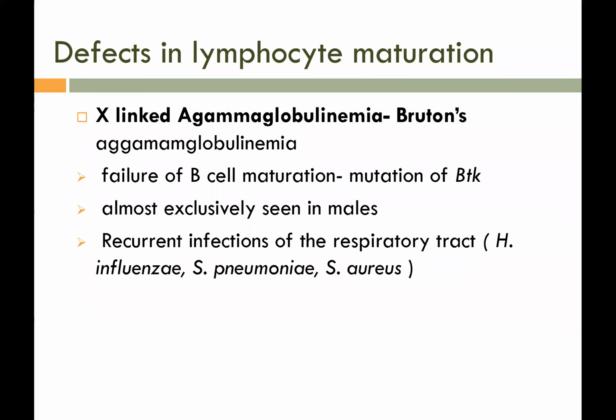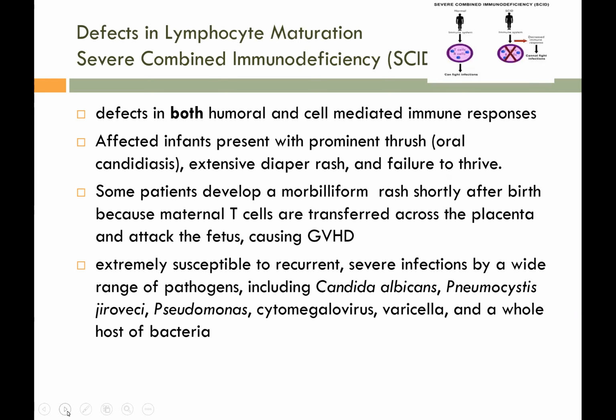The BTK is an important transducer of BCR signals, which stimulate and basically increase the growth and cell survival in benign and malignant mature B cells. And inhibitors of BTK are effective therapies also for several B cell malignancies. So it is X-linked in inheritance.